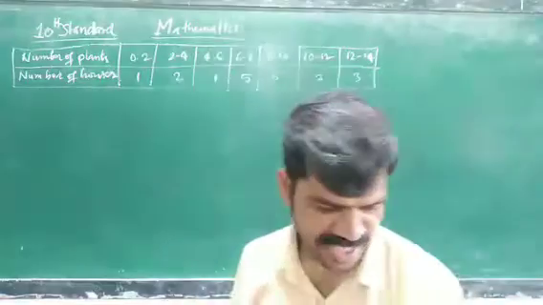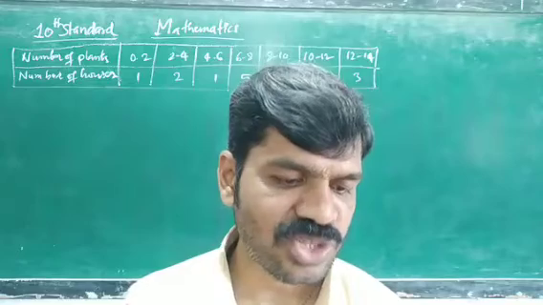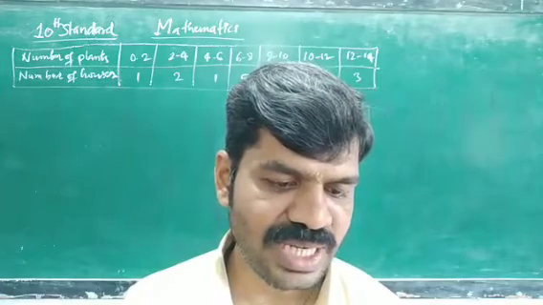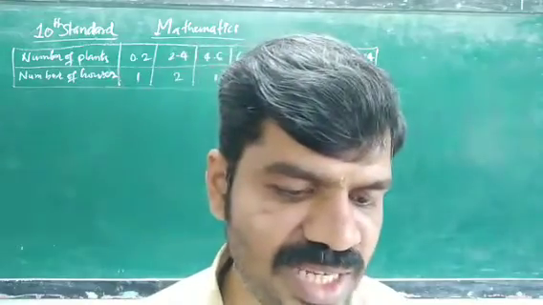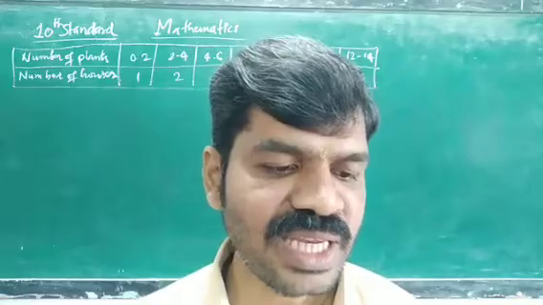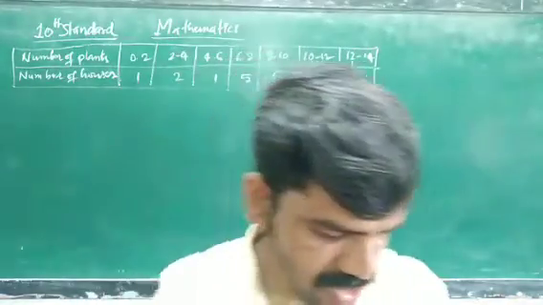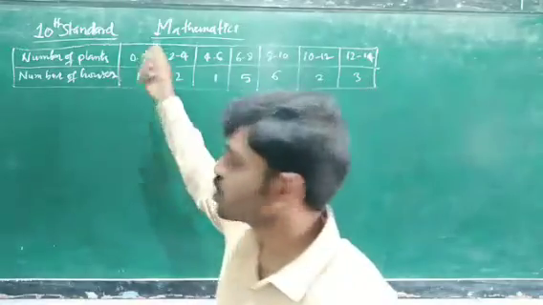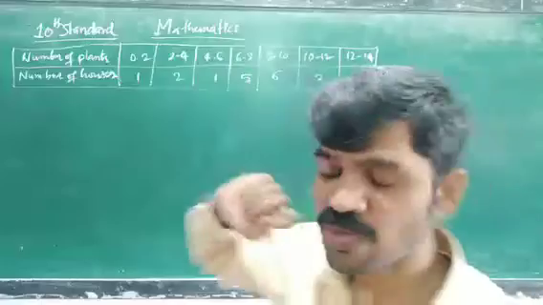Here the question is: a survey was conducted by a group of students as a part of their environment awareness program, in which they collected the following data regarding the number of plants in 20 houses in a locality. Find the mean number of plants per house. Number of plants: 0 to 2, 2 to 4, 4 to 6, 6 to 8, 8 to 10, 10 to 12, 12 to 14.